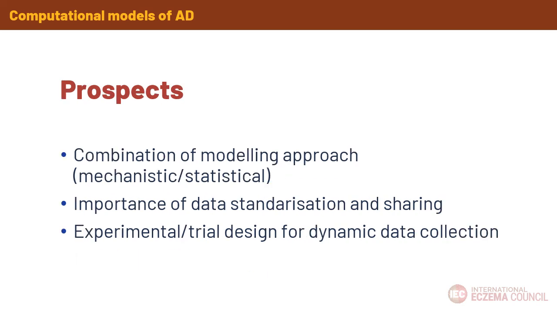I'm sure more computational models of AD will be developed in future, maybe by a combination of different modeling approaches such as mechanistic modeling plus statistical modeling, including machine learning, as exemplified by the mechanistic machine learning models shown here. The choice of modeling approach should be tailored to the questions we want to answer and the data we want to integrate.